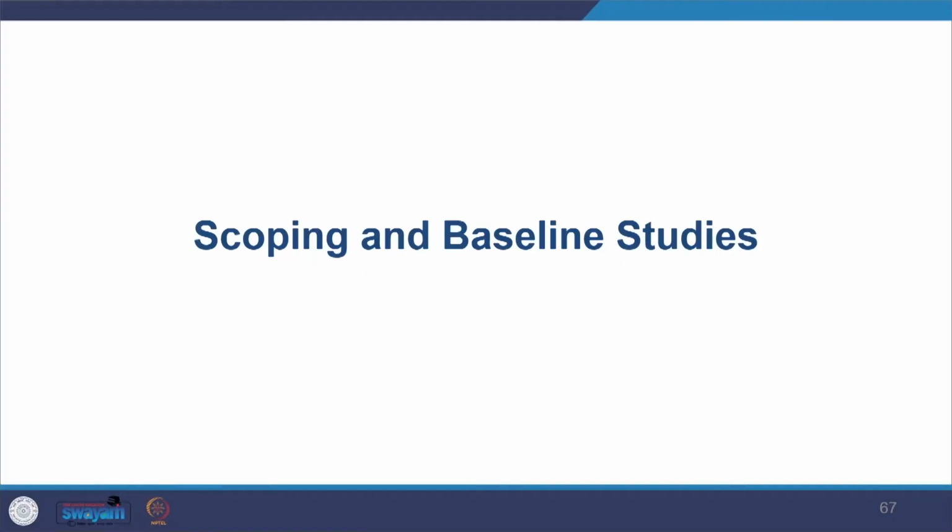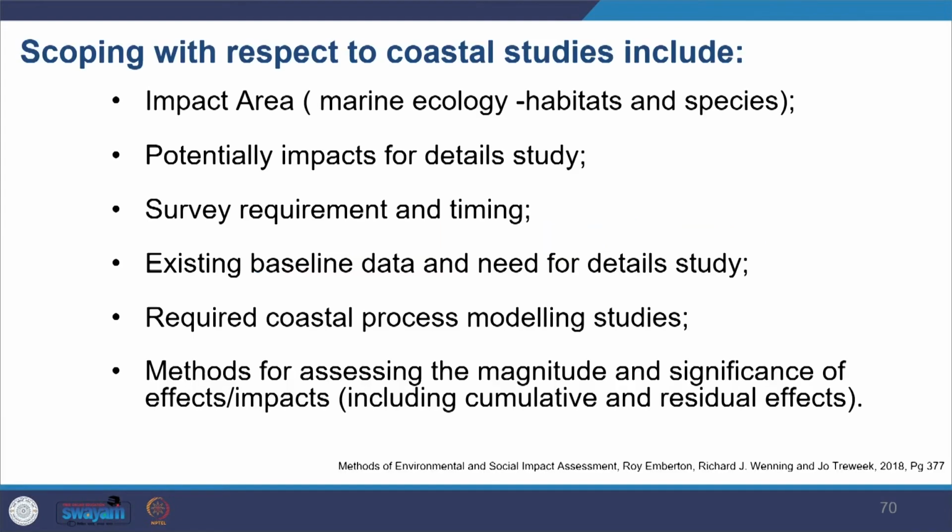So moving on to the scoping and baseline studies. While you're doing scoping, there are certain key issues which you need to consider at the scoping stage when you're dealing with the coastal area. First, you would identify the impact area. You would look at to what extent the impact of any development you're doing will happen, in terms of the marine ecology.